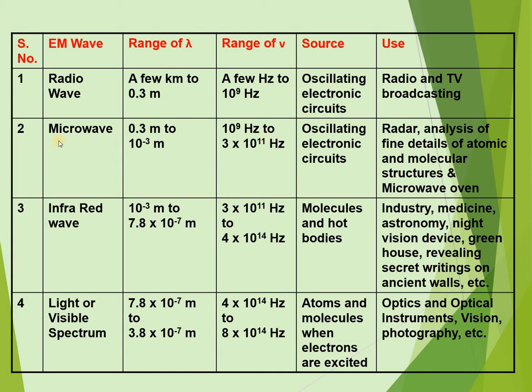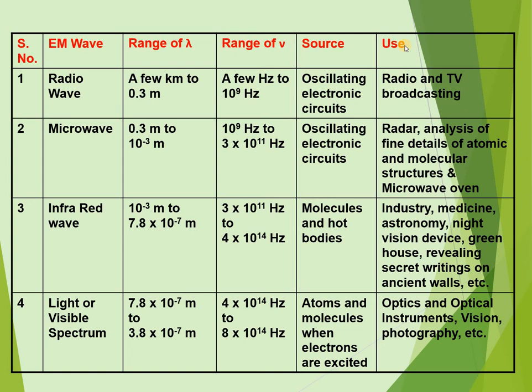The second wave which we will discuss is the microwave. Its wavelength range is 0.3 meter to 10 to the power minus 3 meter, and the frequency varies from 10 to the power 9 hertz to 10 to the power 11 hertz. How are microwaves produced? They are produced from oscillating electronic circuits.